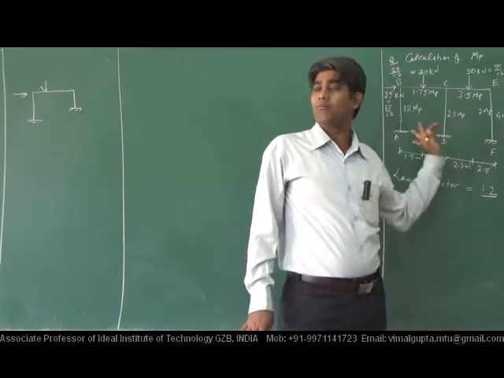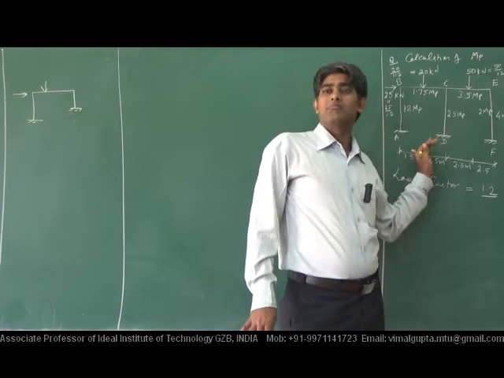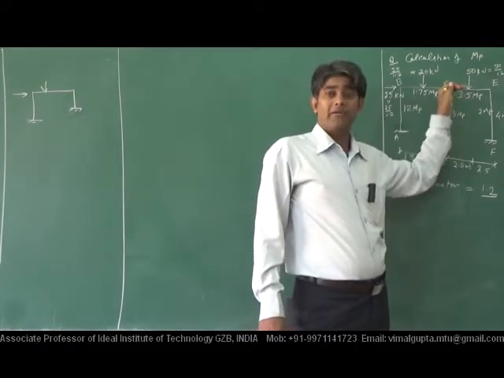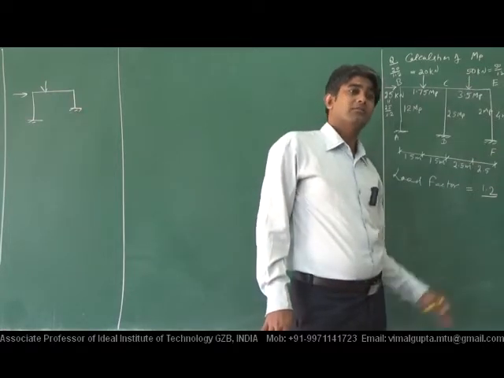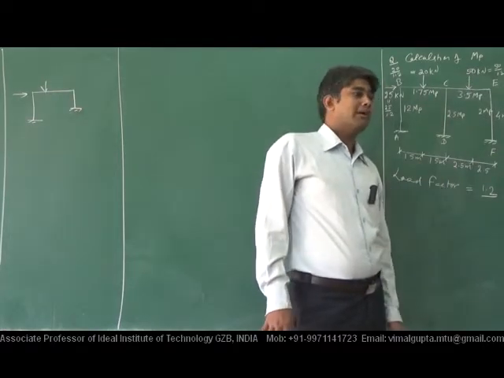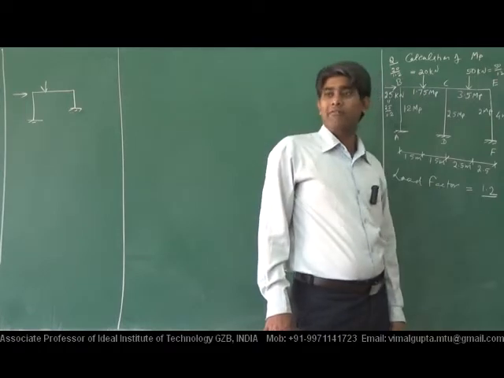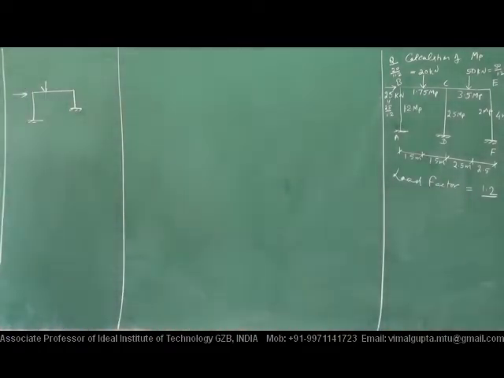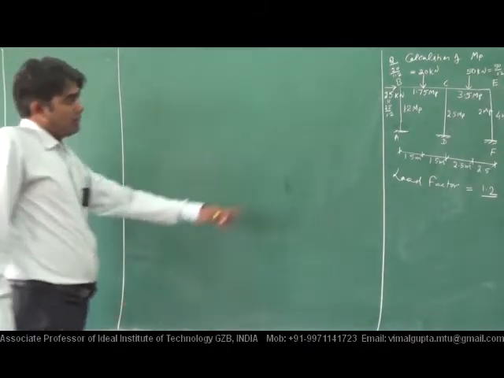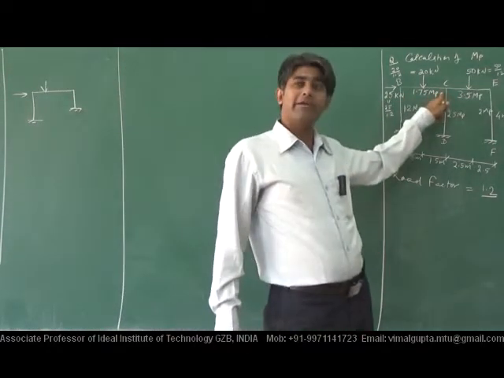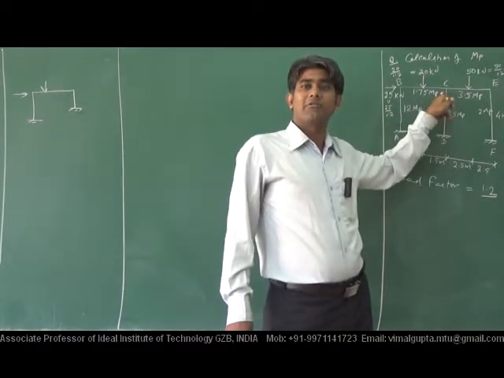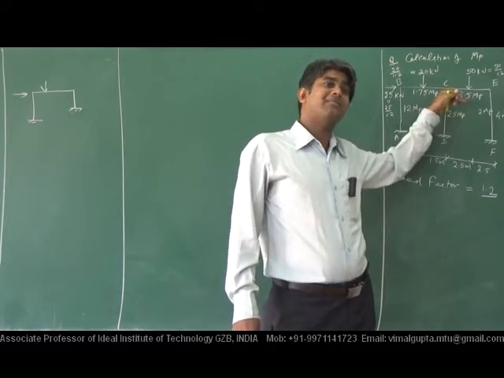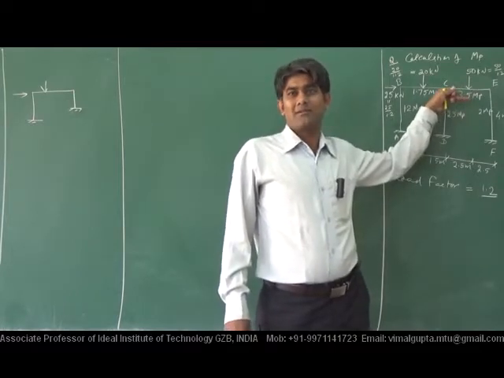Clear to everybody? Why am I taking that example? My reason is to understand what you have to do if at any joint more than 2 members are active. This is the objective of this question. Clear to everybody? So at this joint C, whenever we apply the plastic hinge at point C, then the additional mechanism has to be considered.